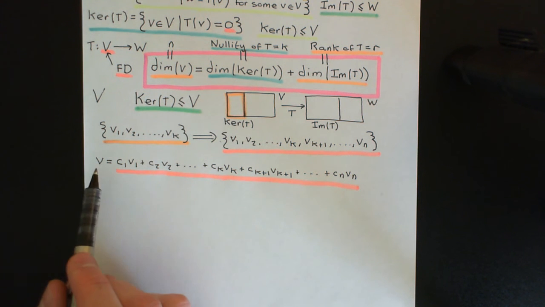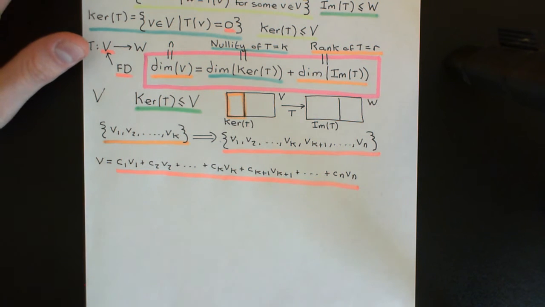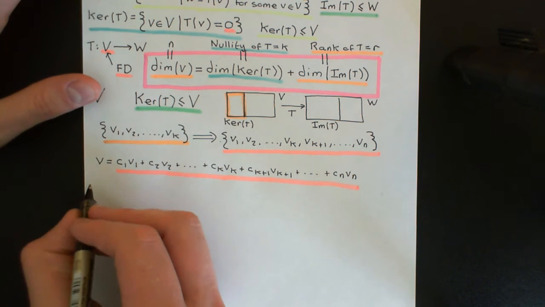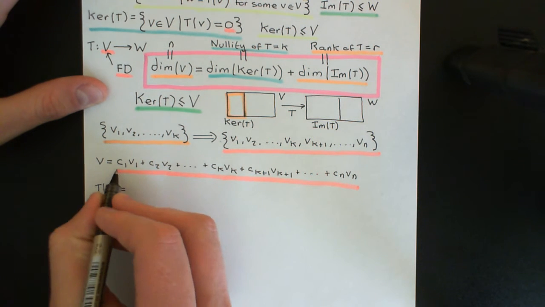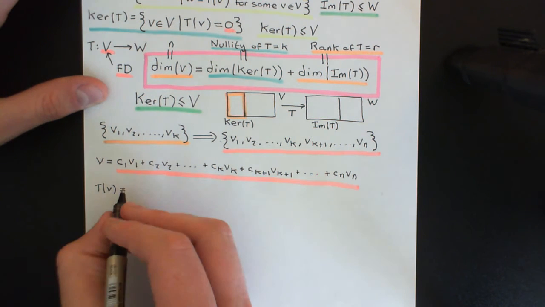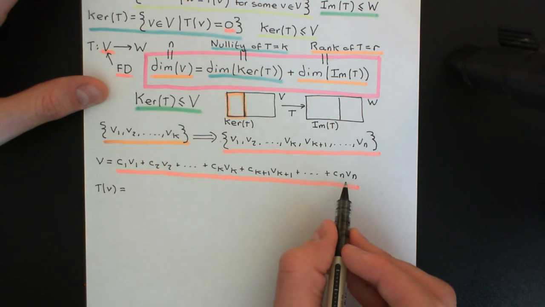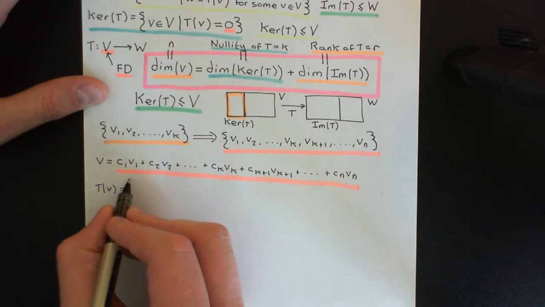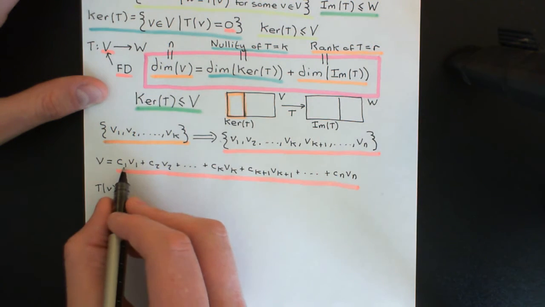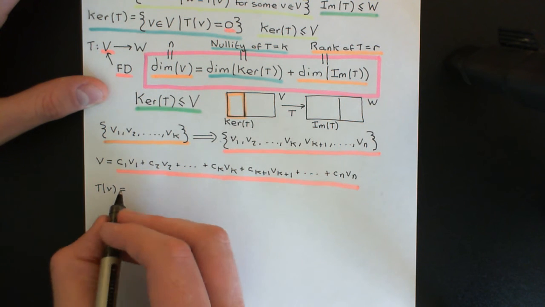Now let's think about what T is going to map this arbitrary vector from my domain onto in the codomain. What will T of v be equal to? I'm just applying T to this entire linear combination, and something very beautiful happens. I can firstly split this into T of all the separate portions added together, and then factor out the scalars.